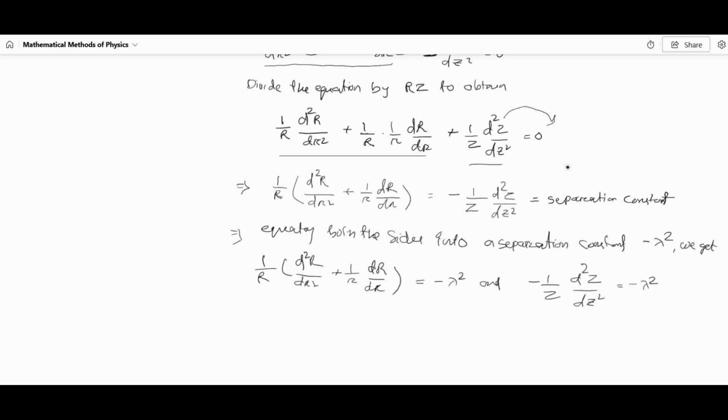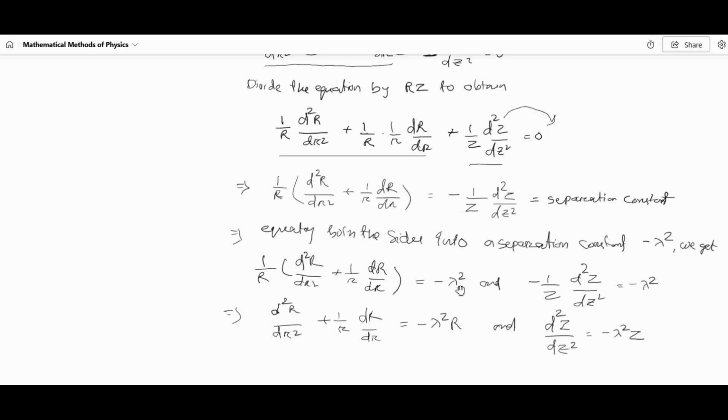Now in this case, this r will come to the right side, it will become minus lambda square r. So we get d square r by dr square plus 1 by r dr by dr is equal to minus lambda square r, and this minus minus will be cancelled, this z will be multiplied here, so it becomes d square z by dz square is equal to minus lambda square z.